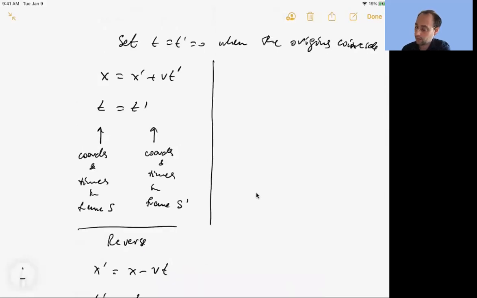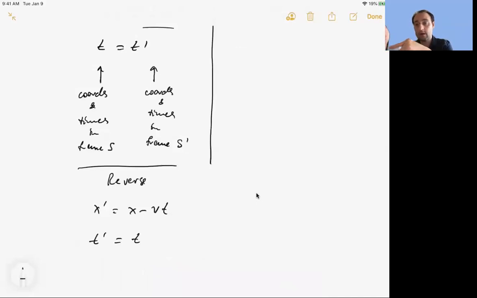I forgot to put a t prime here. So the forward transformation is this. If I know about the situation in frame S prime, I can calculate the situation in frame S, and vice versa. If I know the situation in frame S, I can calculate the situation in frame S prime. But it's okay, maybe this is obvious.